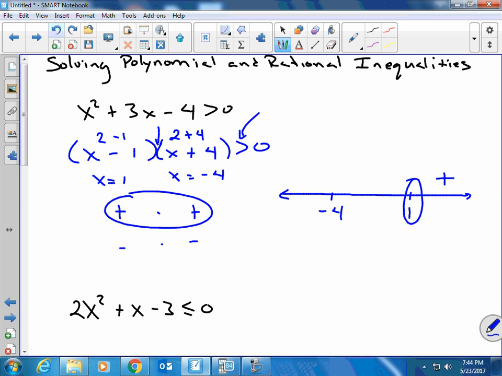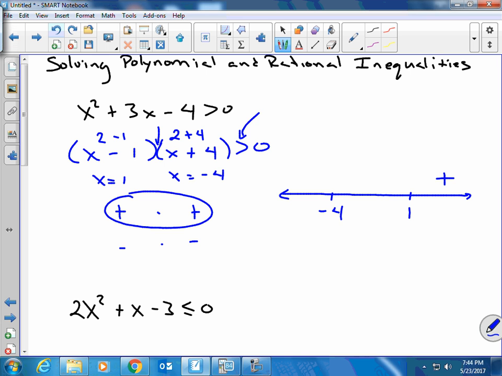So it cannot change signs anywhere out here because there's no place out there where one of those factors is equal to 0. It will have to remain positive. So my point is I don't need to check any other point. Checking a single point is all I need to do.